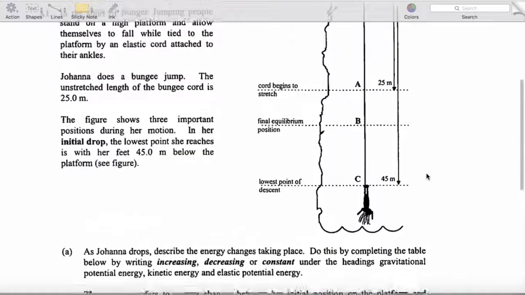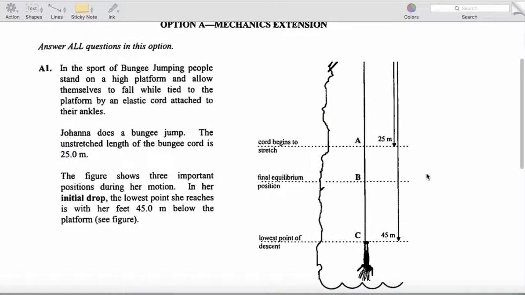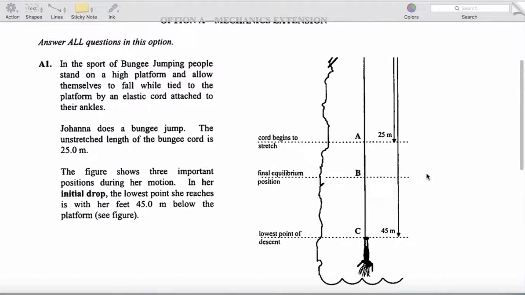All right, so we have this bungee cord problem, and we should be clear on what's going on, what we're calculating, and what all of this is in fact about.